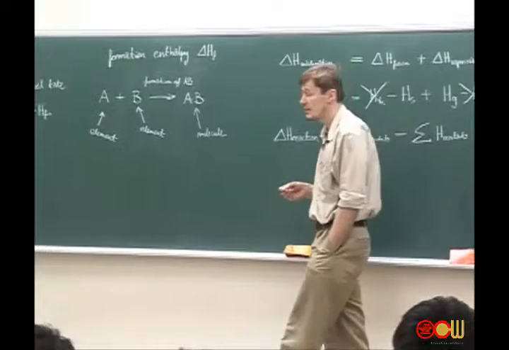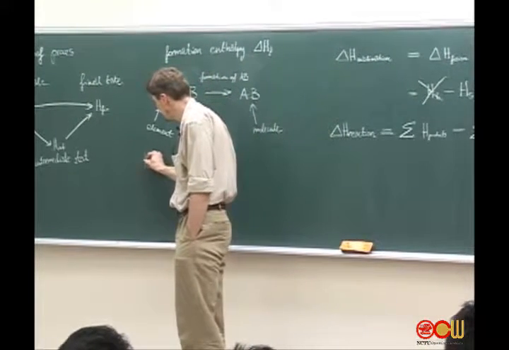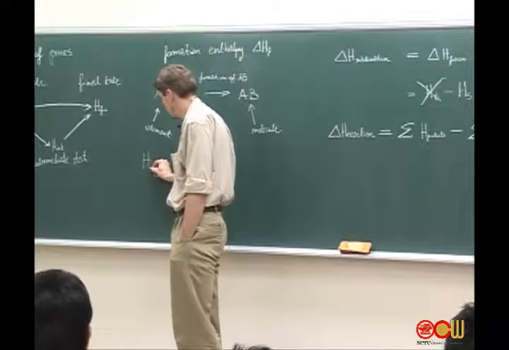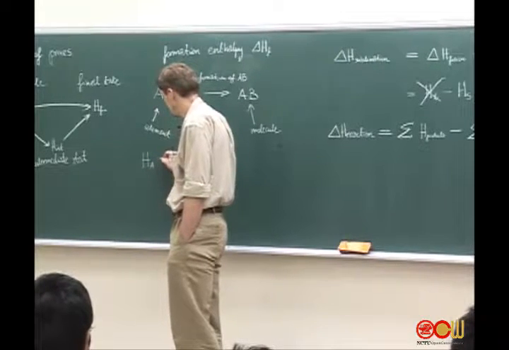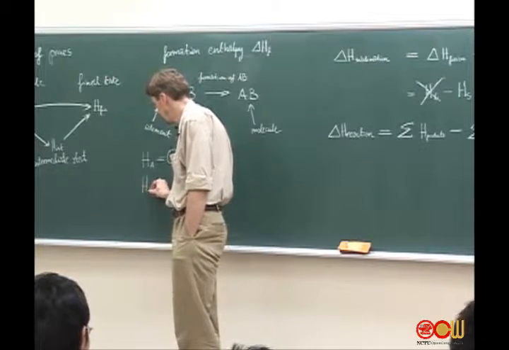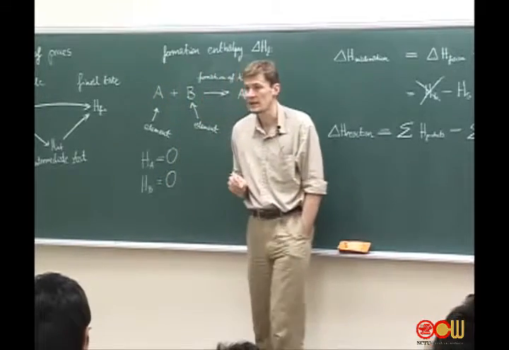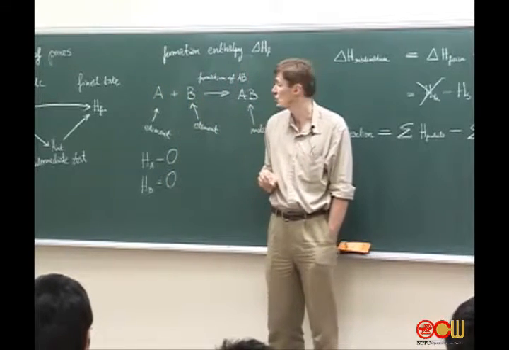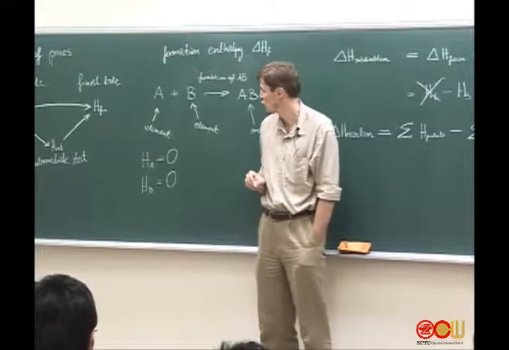But on the last class we said that by definition enthalpy of A is 0. And we also said that enthalpy of B is 0. Because enthalpy of an element in its standard state is always 0 by definition.